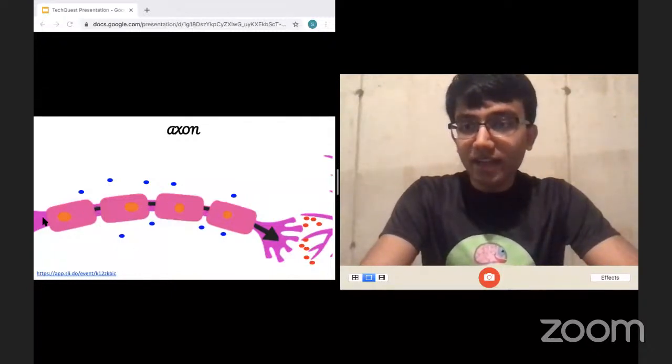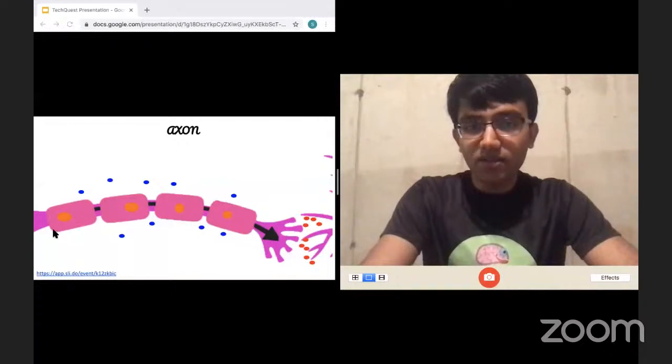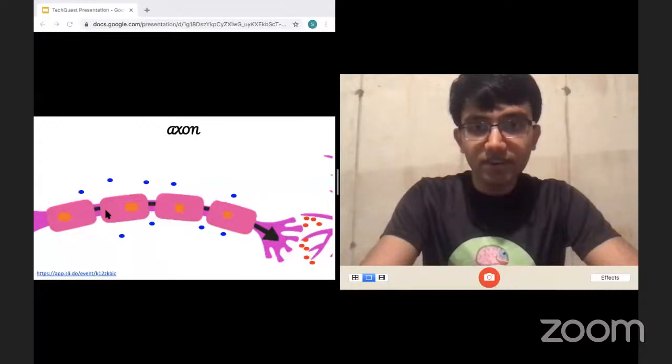The electrical signal comes in, and then this is like a tunnel, right? The train goes right through the tunnel, rushes past it really fast. But here's the station stop. It slows down, the signal slows down, then it rushes again past this point, slows down, rushes, slows down, rushes until it reaches here. So that's what allows the signal to go really quickly.